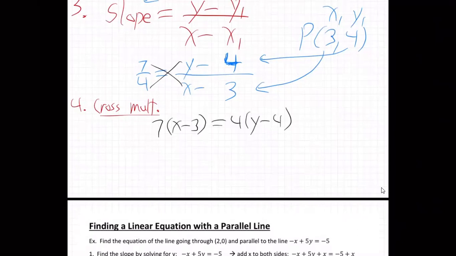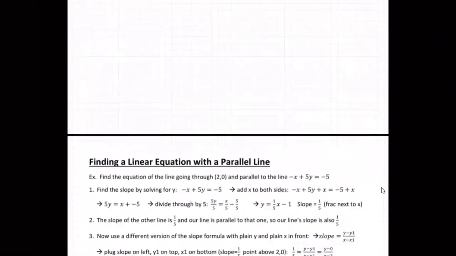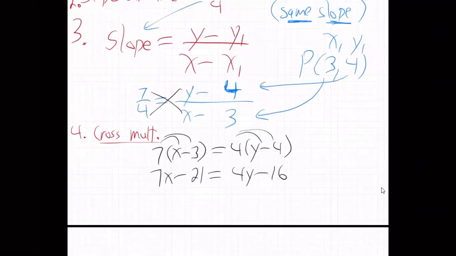Diagonal, diagonal, cross multiply. Distribute. Like so. All right. And then step 5, come on down, solve for y. So I'm going to finish getting y alone. So to do that, I'm just going to add 16.